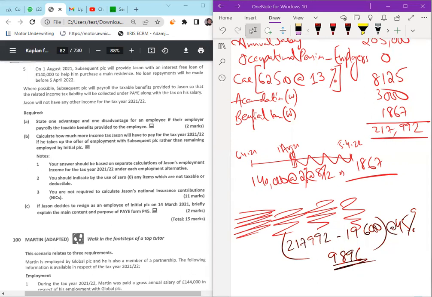So what is form 45? In the handouts which I provided you, a lot of form numbers are mentioned. Form P11D, form 60, form 45. So what is form number 45? You can check in the handout as well.